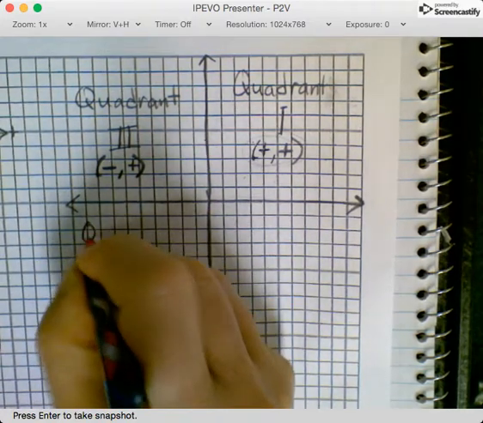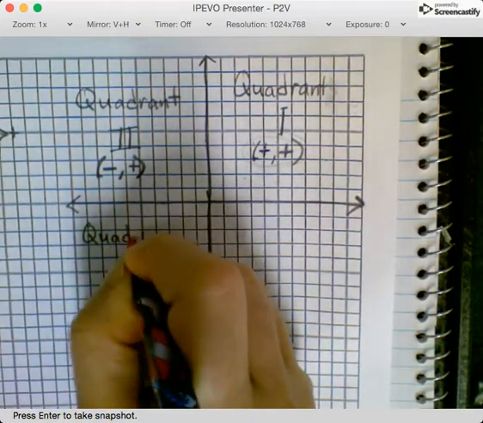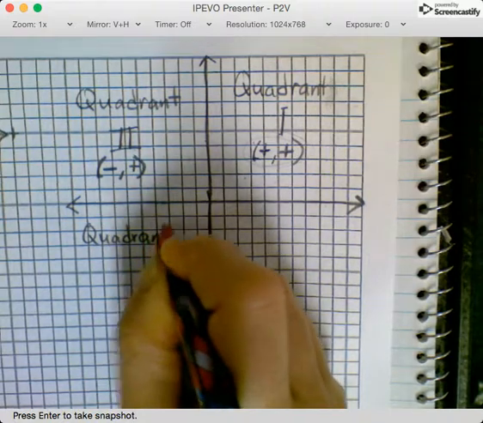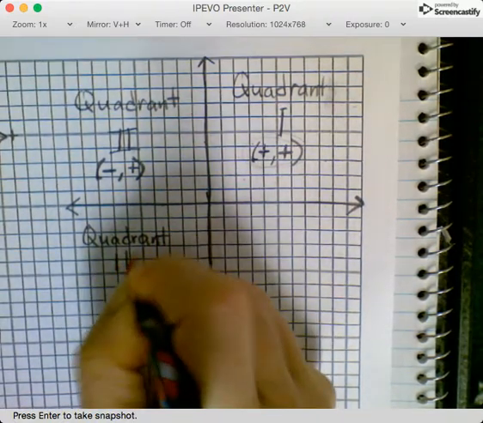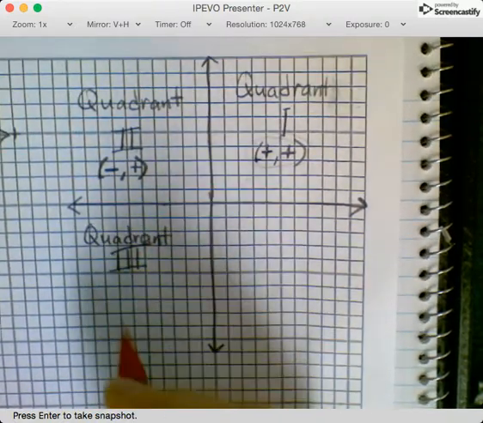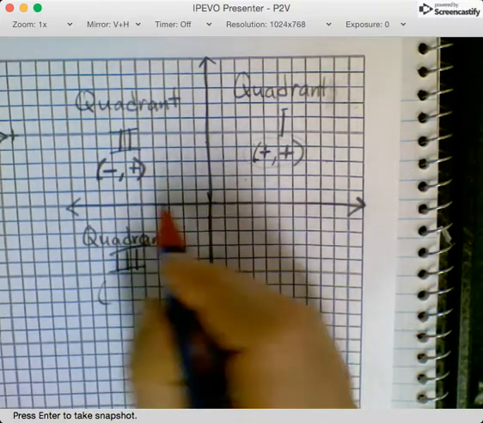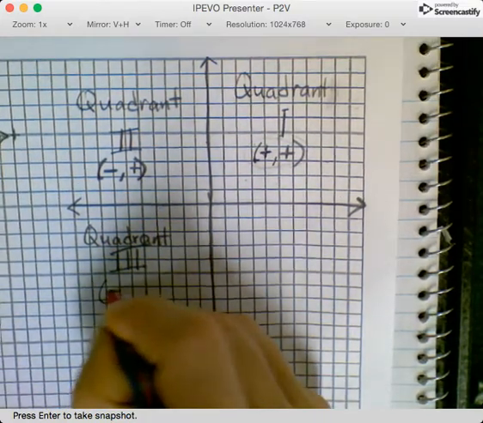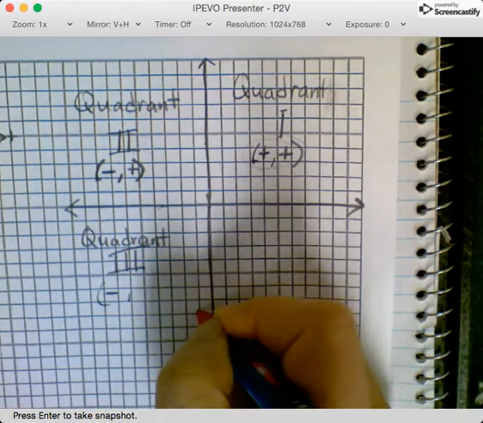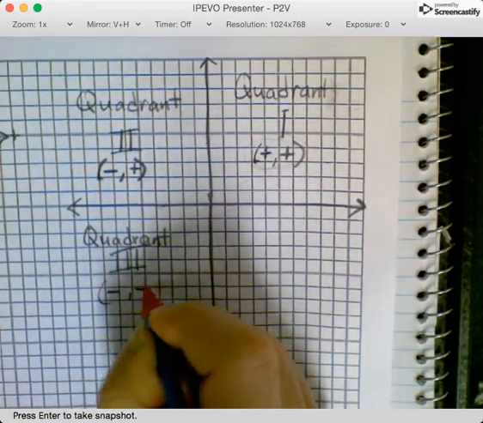The next quadrant, quadrant 3, is right below it. And that one, I would go to the left, which is negative, and then I would go down, which is also negative. So this one is two negatives.